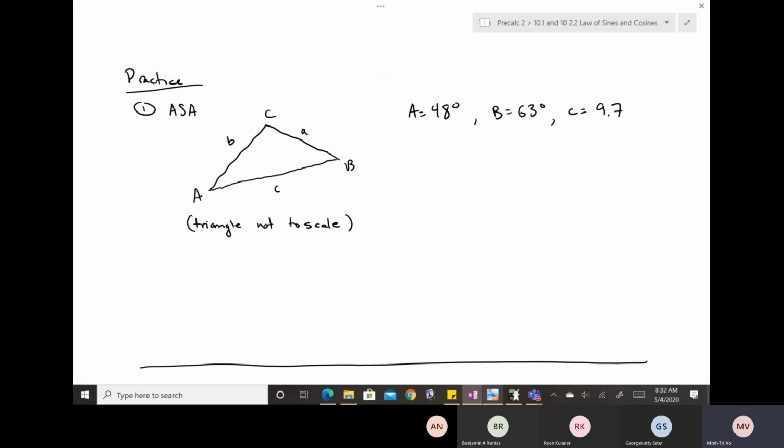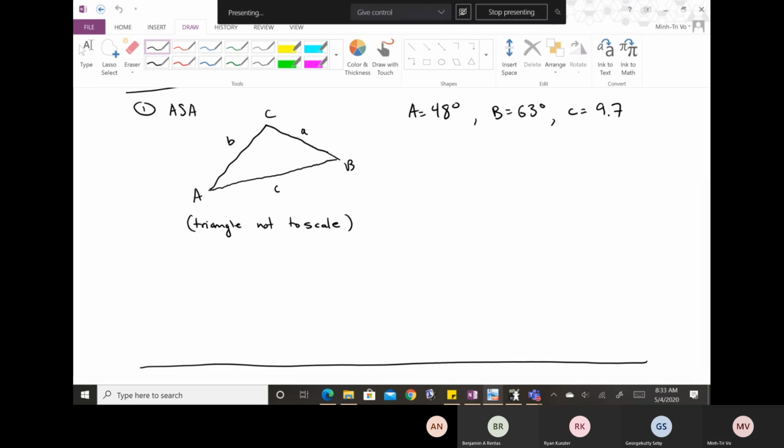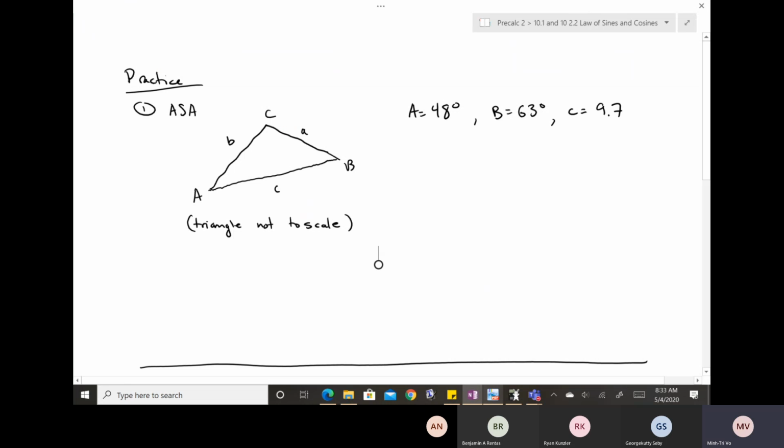Okay, so here on the next page, we have an ASA triangle, right? Because they tell you that angle A is 48 degrees, angle B is 63 degrees, side C is 9.7, right? So I know two angles and the side in between the two angles.